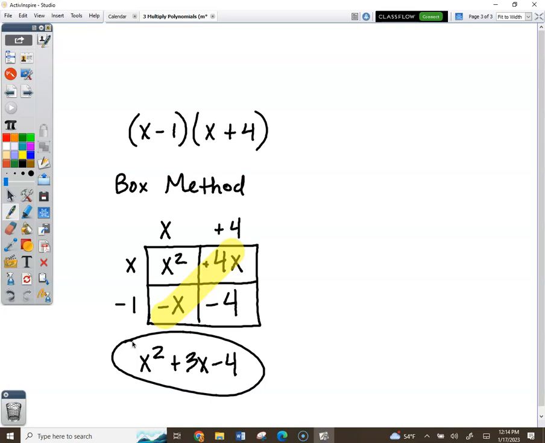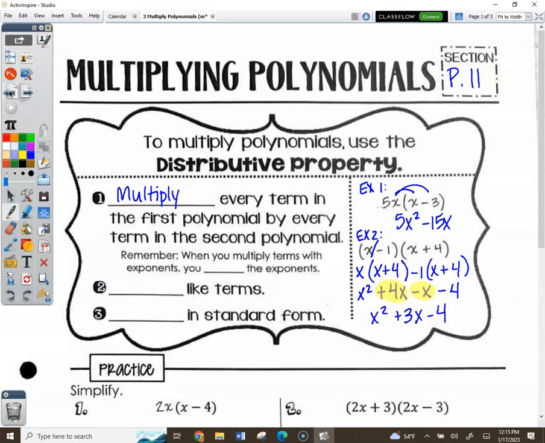If you just like the box method, then use it by all means. It works every time. I personally don't use the box method just because I never learned the box method in high school. My teacher made us go this way, and then I learned the box method as a teacher, and it does help some people organize it.